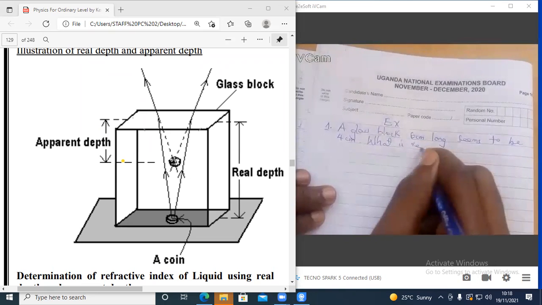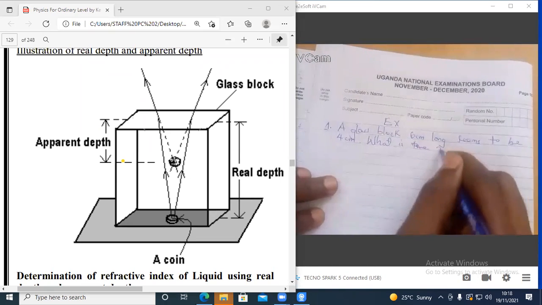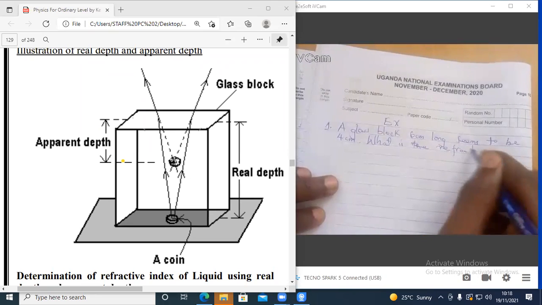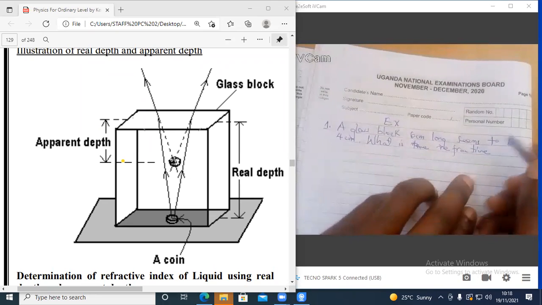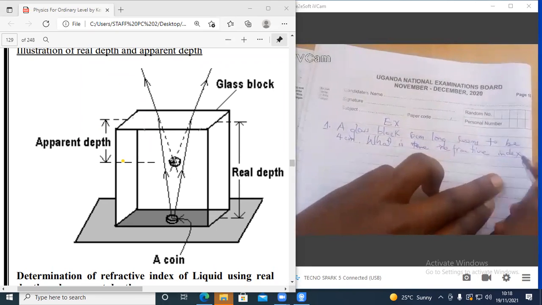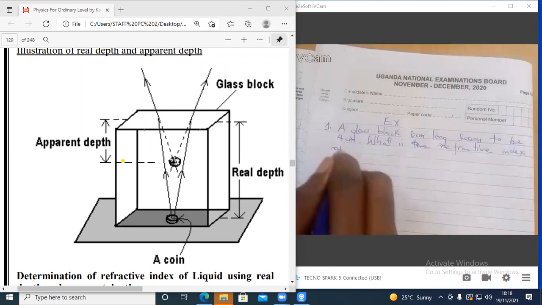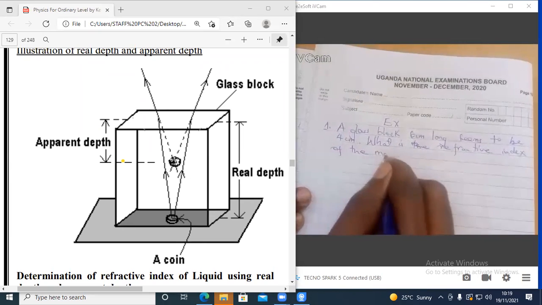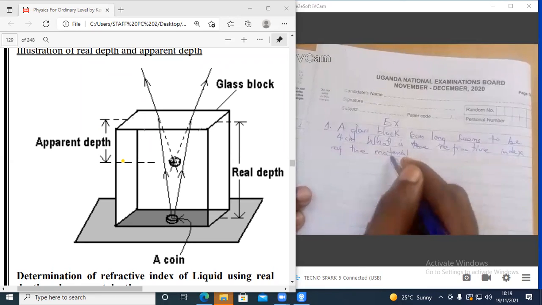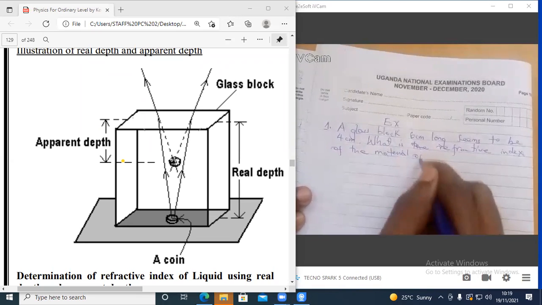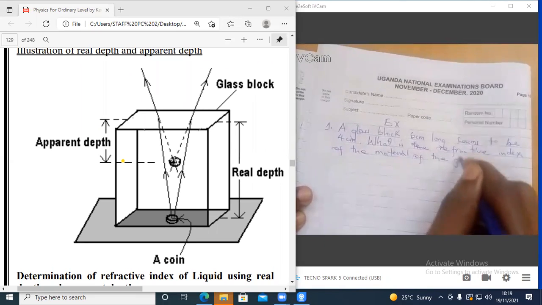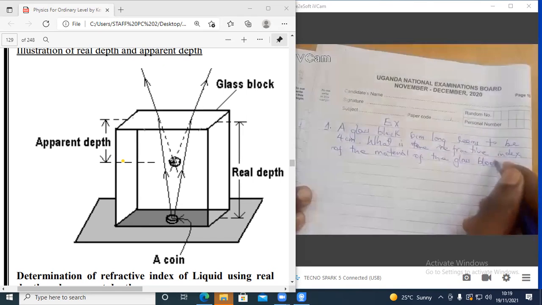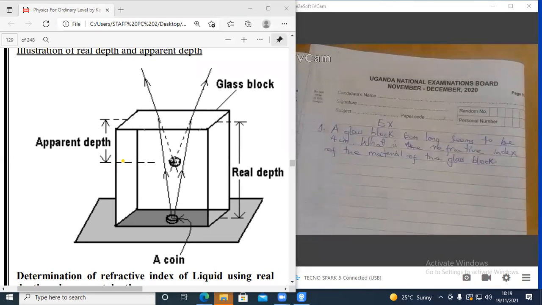What is the refractive index of the material of the glass block? Okay?